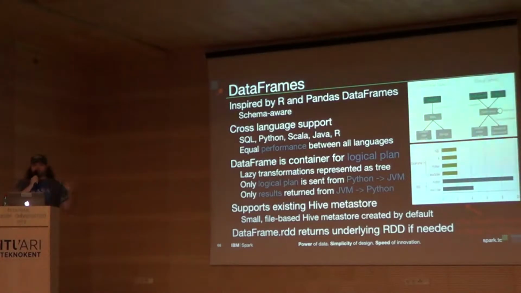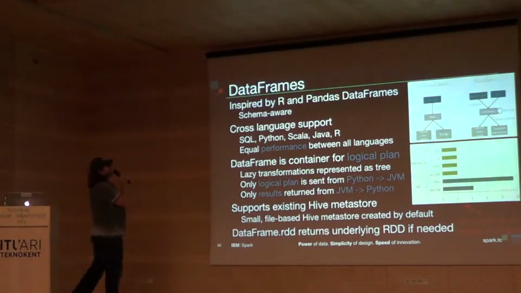These guys initially just had these concepts, and once Spark started to become more and more mainstream, people were like, hey, this is just like an R data frame, or schema RDD is just like a Pandas data frame. So they ended up just picking data frame, sticking with it, matching the existing APIs.